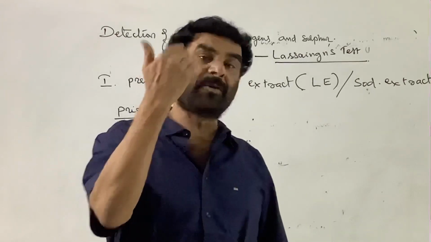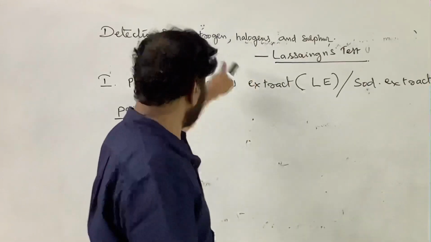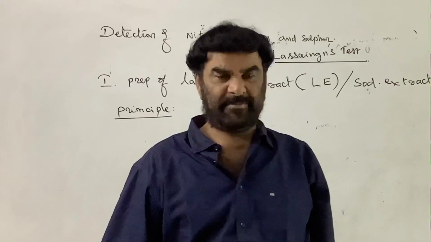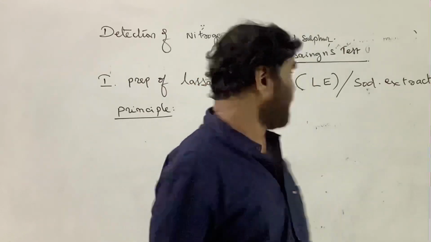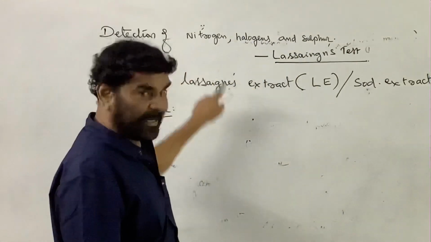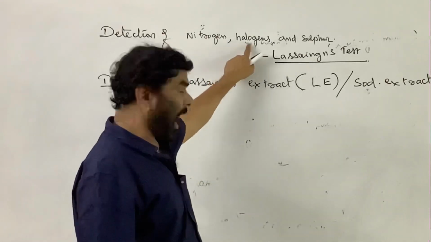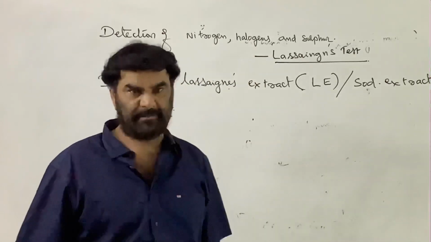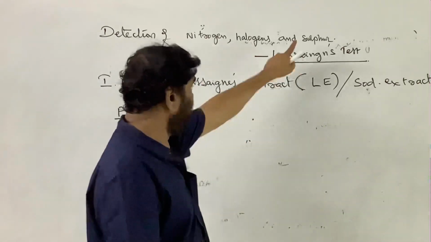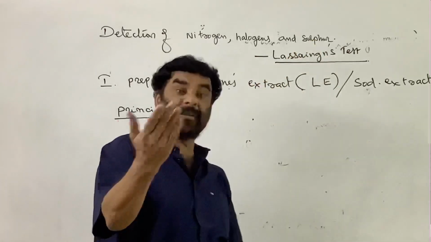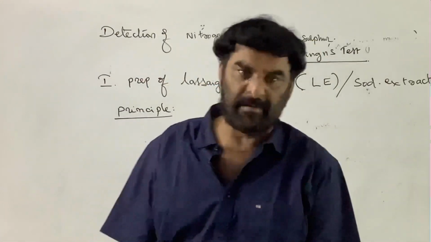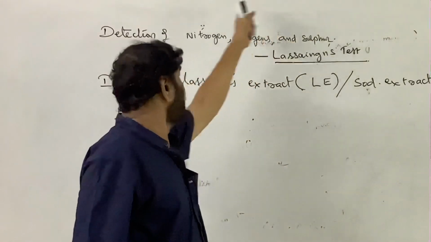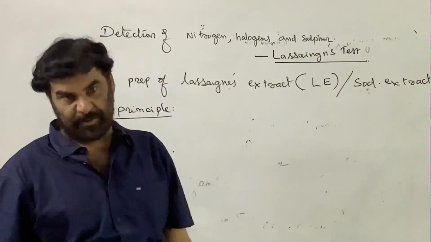So now these elements have to be converted into ionizable groups. Nitrogen is finally converted into the cyanide ion. Halogens, chlorine, bromine, iodine, fluorine, are converted into the halide ions. And sulfur is converted into the sulfide ion, S2 minus ion. So they should be converted into ionizable groups.